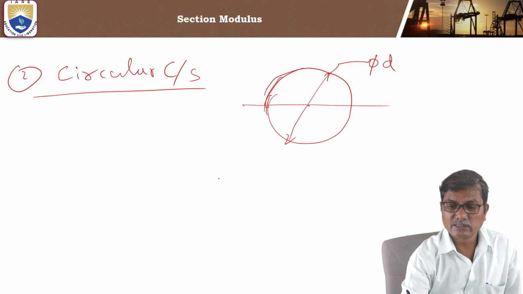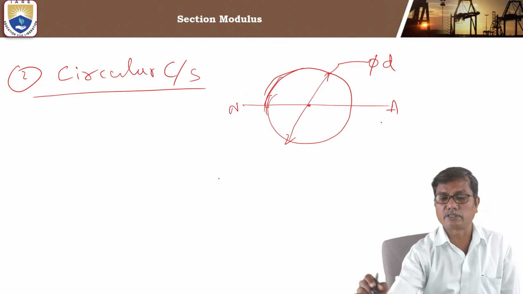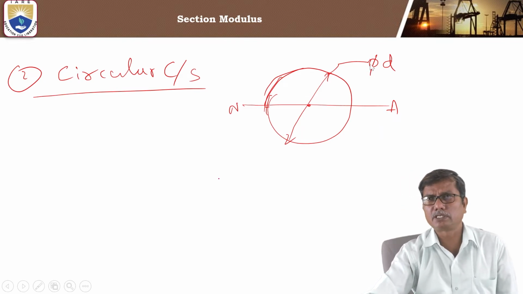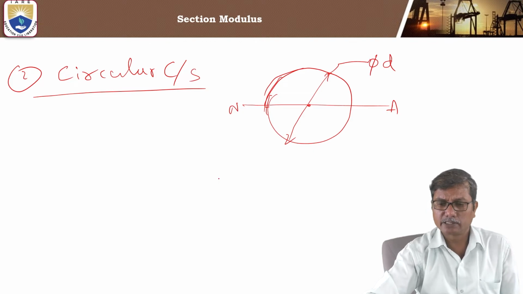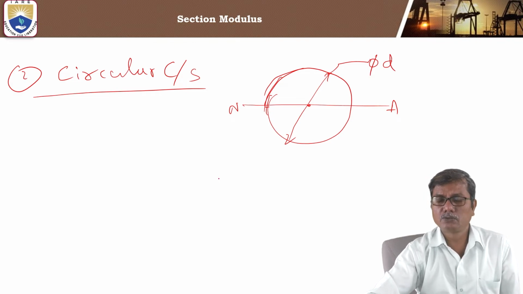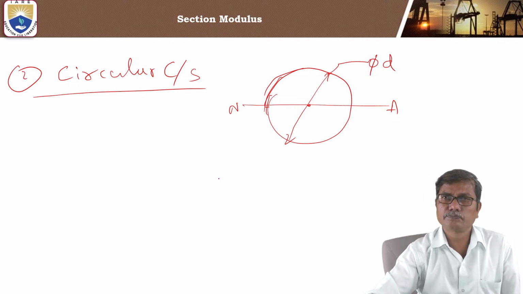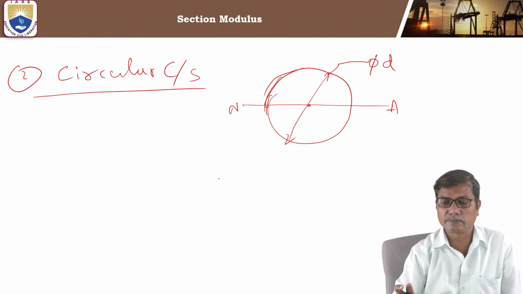And consider the neutral axis. For this, the neutral axis passes through the center because it is symmetrical. A circle also is symmetrical. The number of axes of symmetry is infinite. For a rectangle, we will have two axes of symmetry. For a square section, we will have four axes of symmetry.